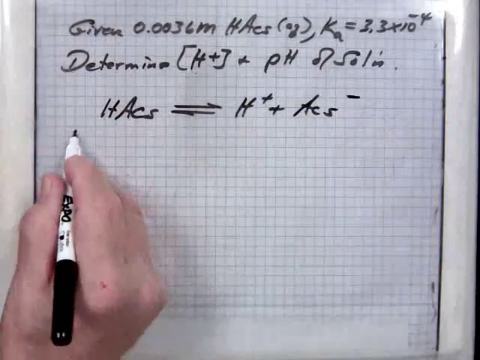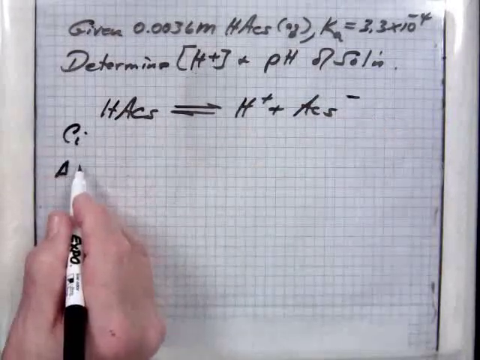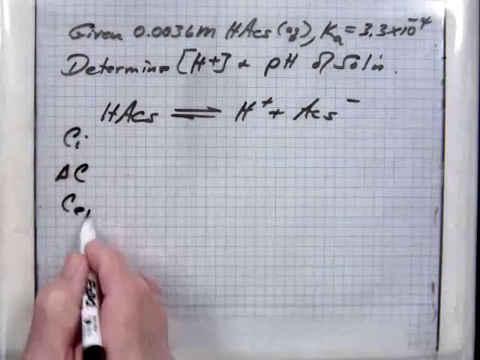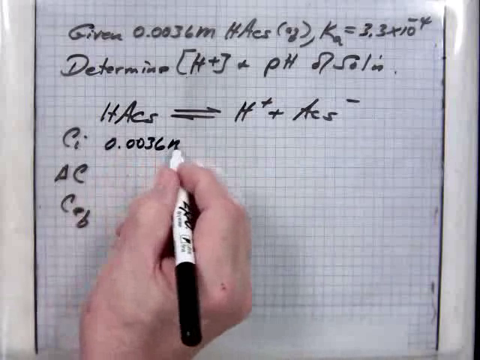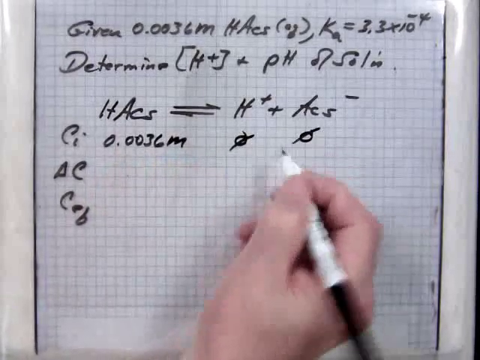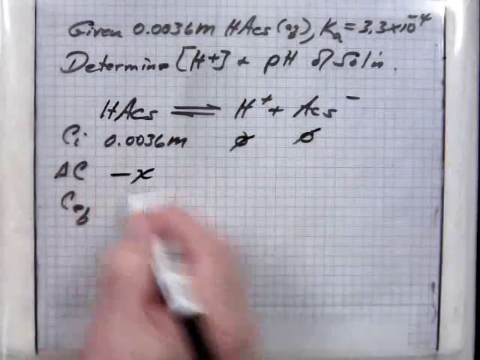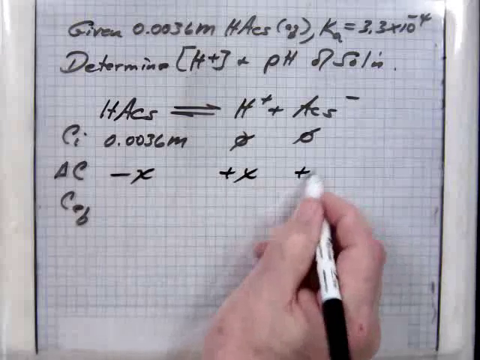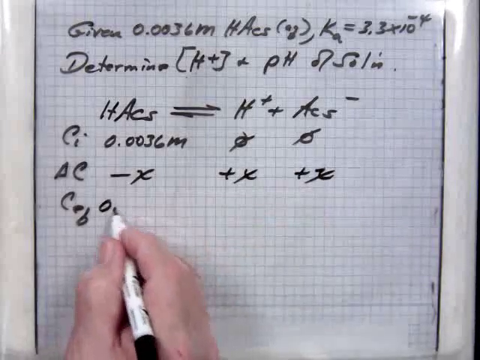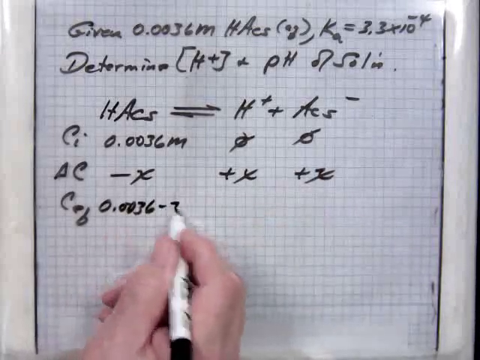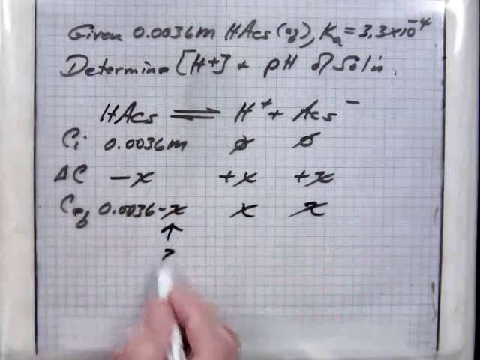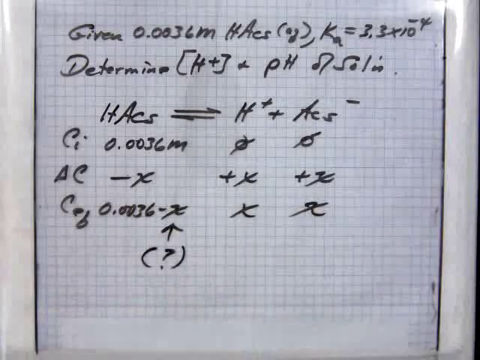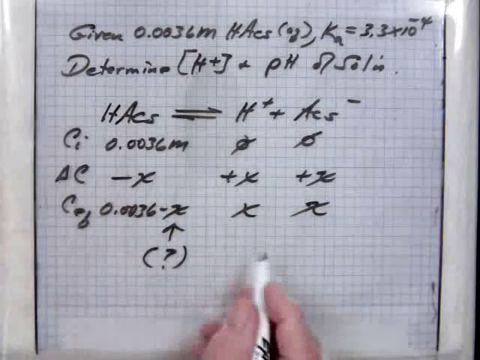Okay, so setting up the ice table, we start out with 0.0036 molar, 0 and 0, and so minus x plus x plus x, and so we have 0.0036 minus x, x, and x. Now the question is, in this problem, can I drop that x? So how did I tell you to figure it?